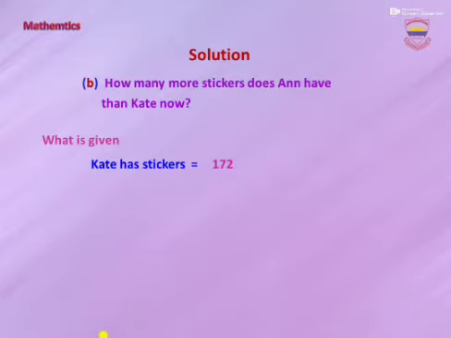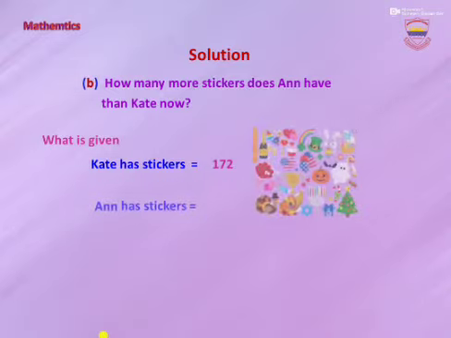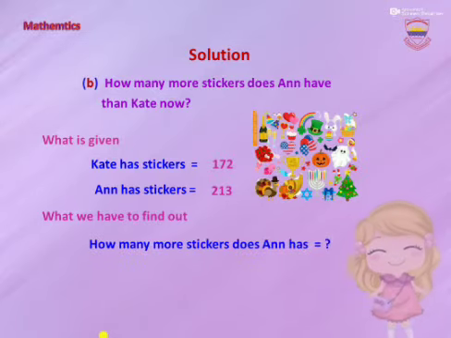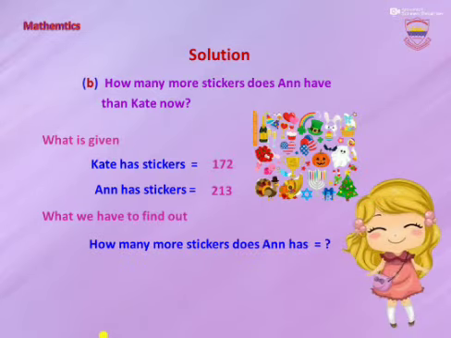And the second thing, Anne has stickers. How many stickers does Anne have? 213. The next step is what we have to find out. We have to find out how many more stickers Anne has. Which operation do we do? We subtract Kate's stickers from Anne's stickers.